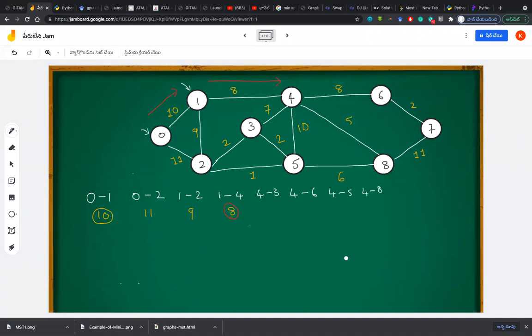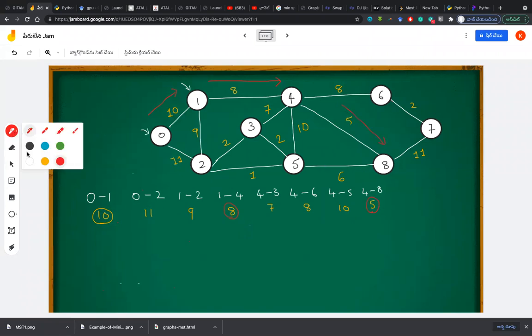So these are the things that I am considering. 4 to 3 is 7, 4 to 6 is 8, 4 to 5 is 10, and 4 to 8 is 5. Now among 11, 9, 7, 8, 10, 5, which one is shortest? 4 to 8. So the minimum is 4 to 8, and we come through this.